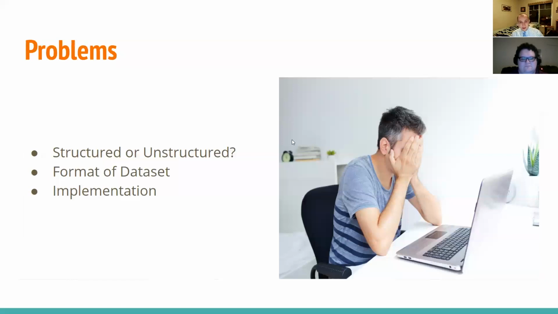The first problem we had was determining whether we were going to be using structured or unstructured optical character recognition. Structured character recognition would be like looking at pages in a book or text where the text is already formatted really easily. Unstructured is more like things on a billboard or graffiti on a wall.